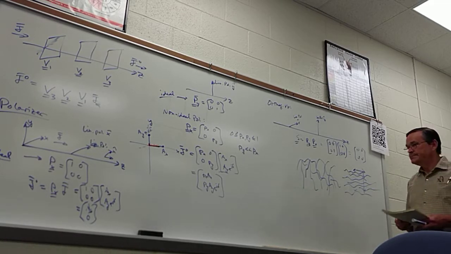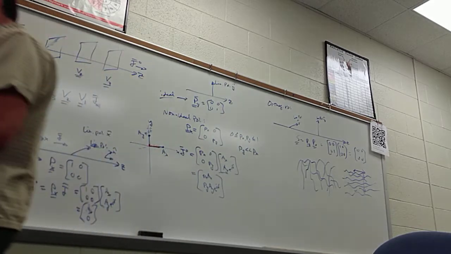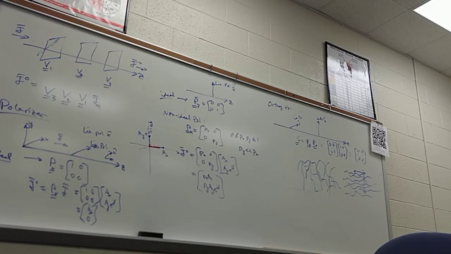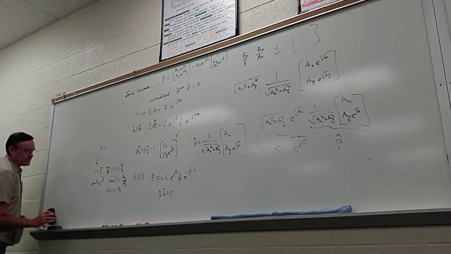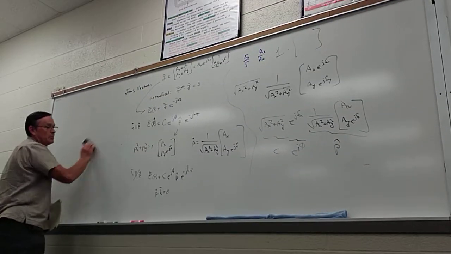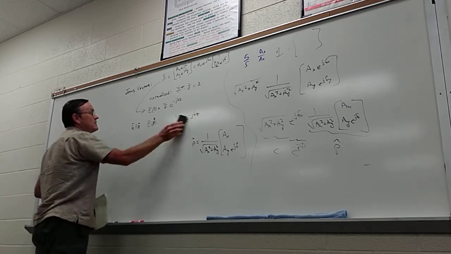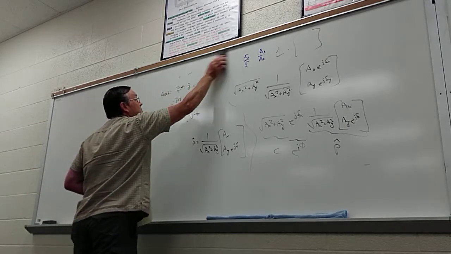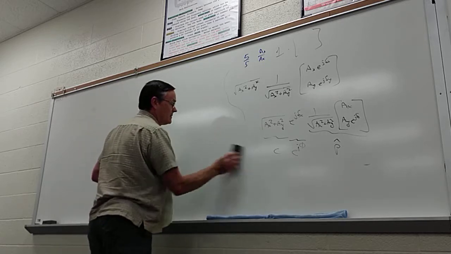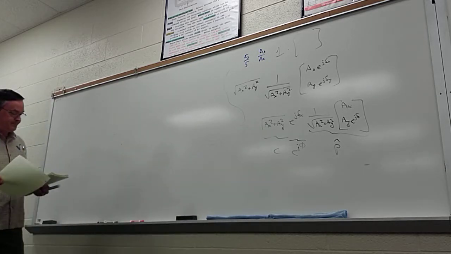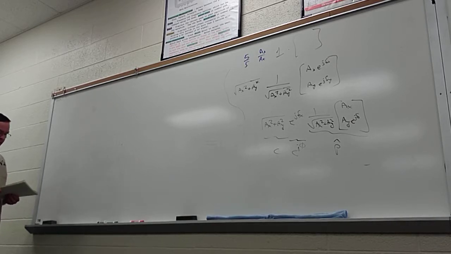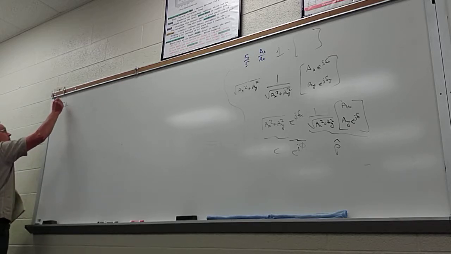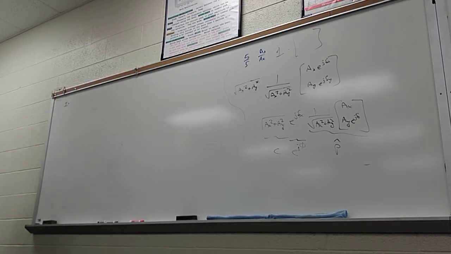Okay, so now what we want to do is get a little bit better idea of what you can do with polarizers and some of the important aspects of that. So to sort of work this out, it would be helpful to look at the irradiance.